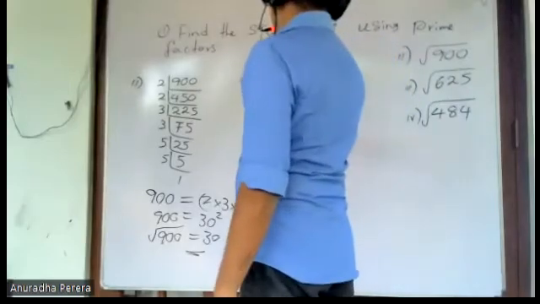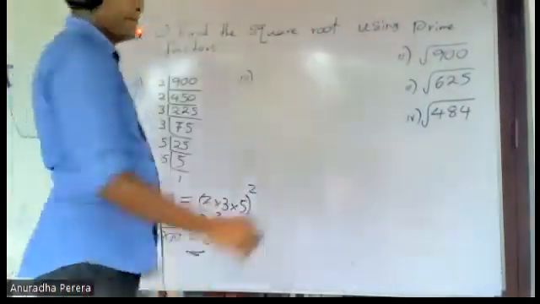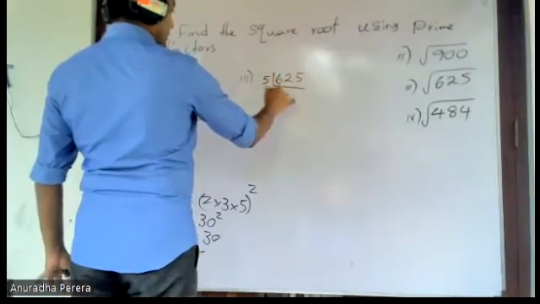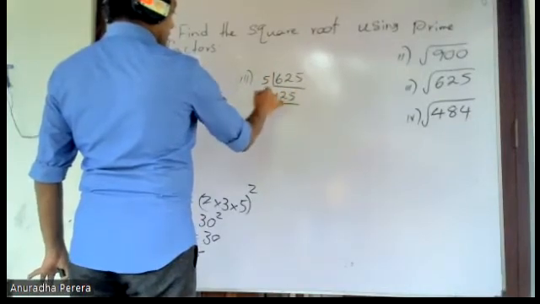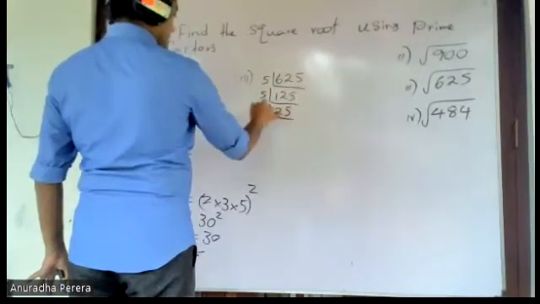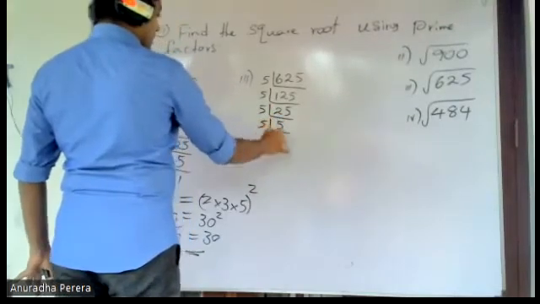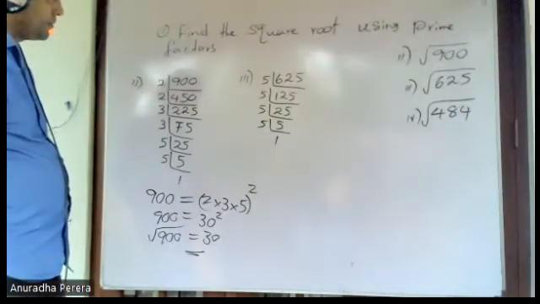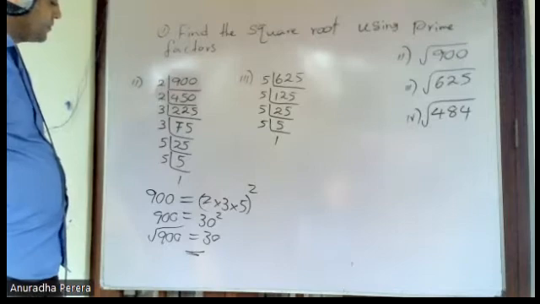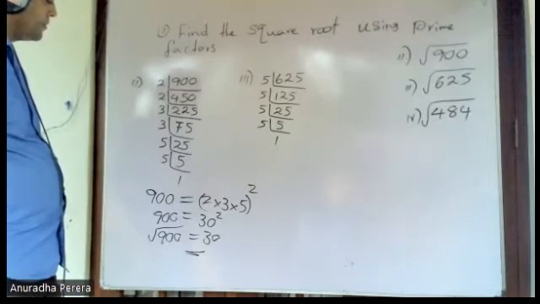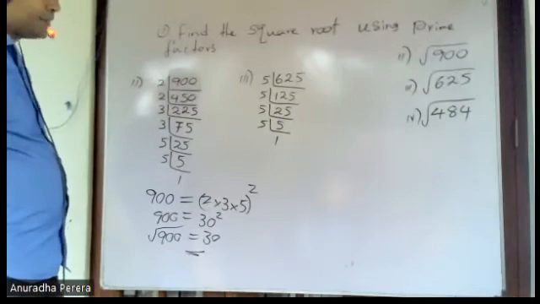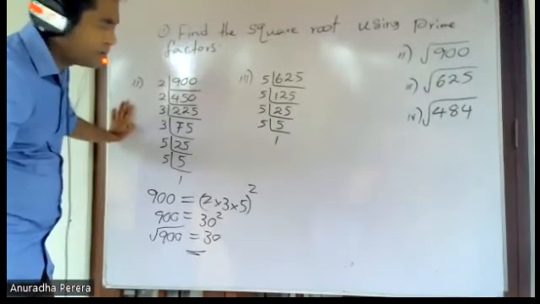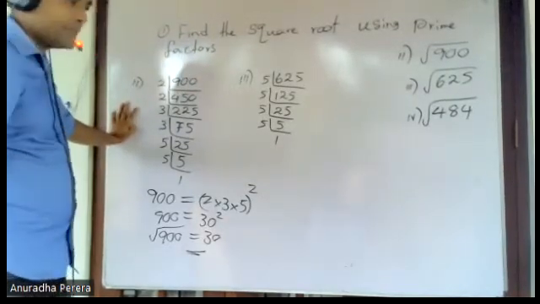625. What is the answer? 25. Divide by 5, 125. Then again 5, 25. Excuse me, sir. Yes. I got the answer for the second one by dividing 900 by 3.